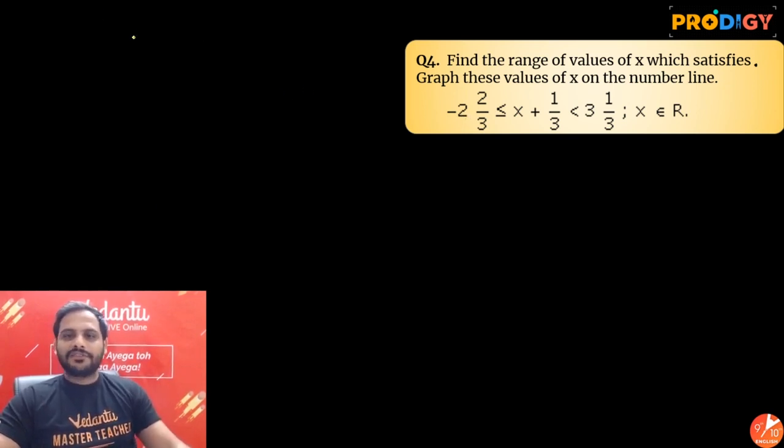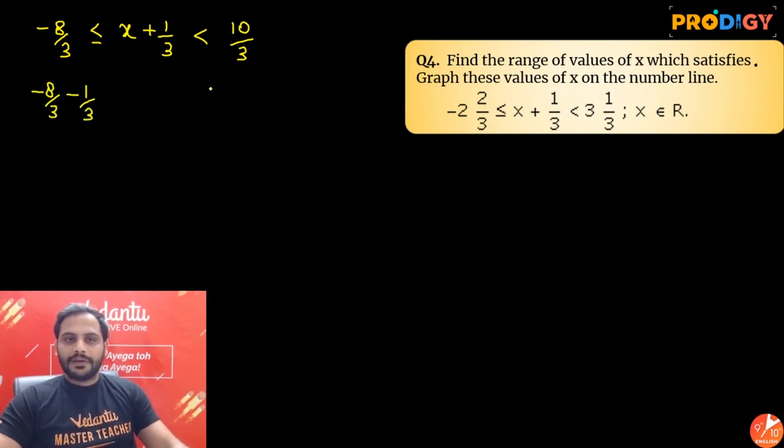Alright, so minus 2 by 3, 3 into 2 is 6, 6 plus 2 is 8. So minus 8 by 3 is less than or equal to x plus 1 by 3 is less than 3, 1 by 3, 3 is 9 plus 1, 10, 10 by 3. Alright, beta, let's do one thing, shift 1 by 3, so minus 8 by 3 minus 1 by 3 will become minus 9 by 3, and here 10 by 3 minus 1 by 3.